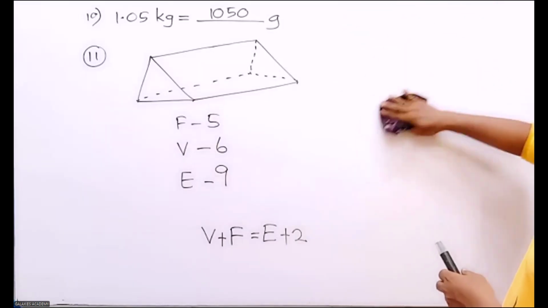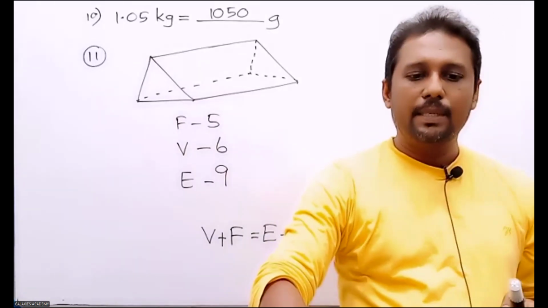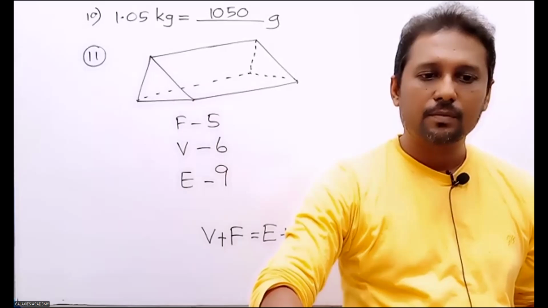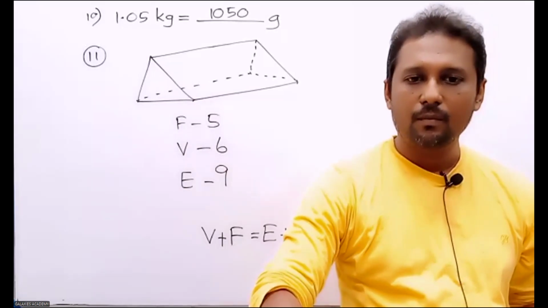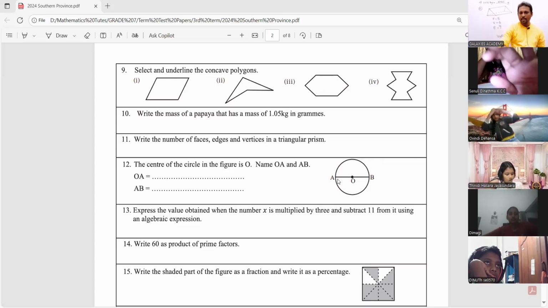Right, now we can go to the next question, number 12. The 12th question given. The center of the circle in the figure is O. This is the center of the circle. Name OA. OA means this one, and AB.